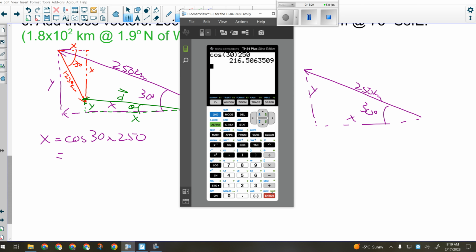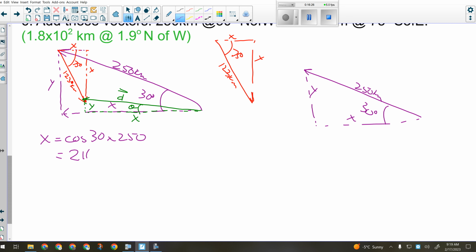All right, so we got 216.506 kilometers west. Purple y is going to be the sine of 30 times 250, which is 125 kilometers north.